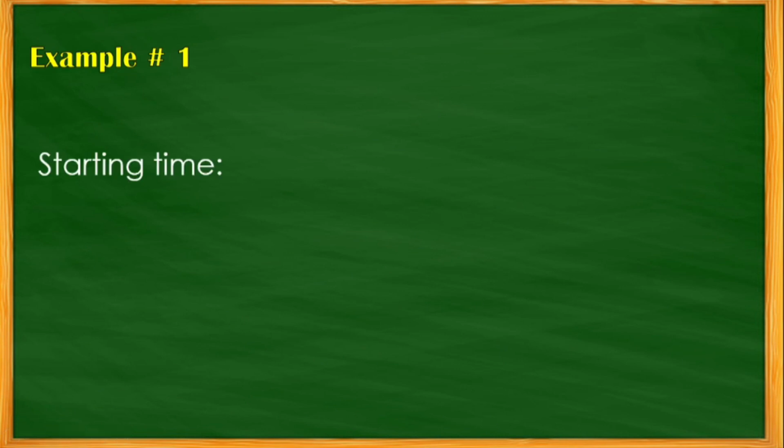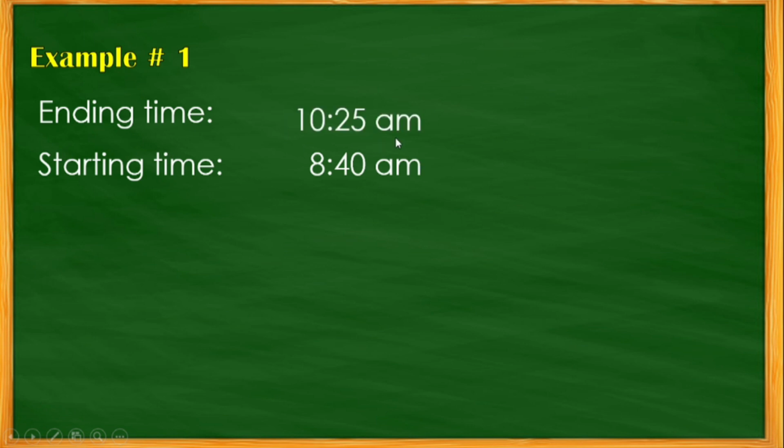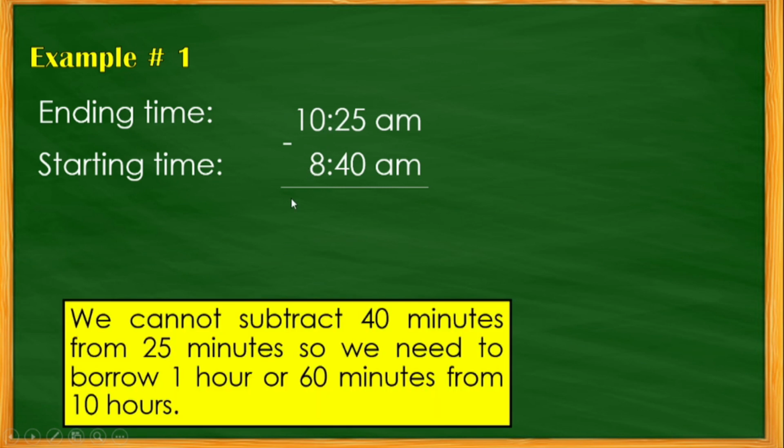This would be the starting time. Example number 1: 8:40 a.m. Ending time is 10:25 a.m. So let's subtract. As you can see, we cannot subtract 40 from 25. So we need to borrow 1 hour or 60 minutes from 10 hours. So 10 hours becomes 9.